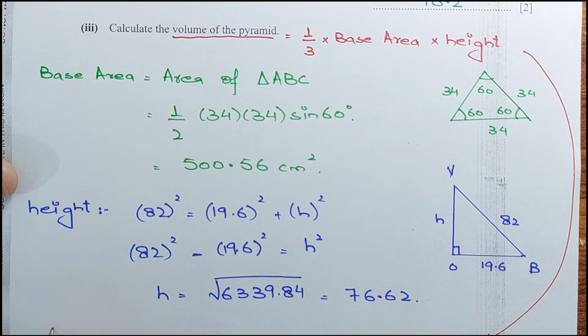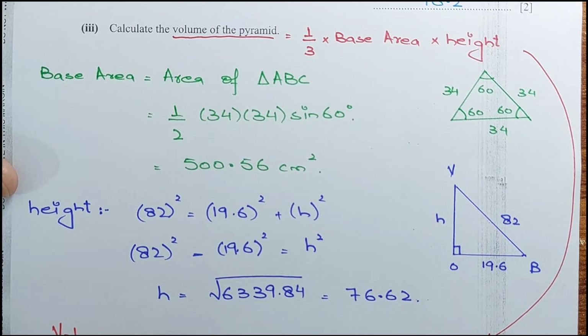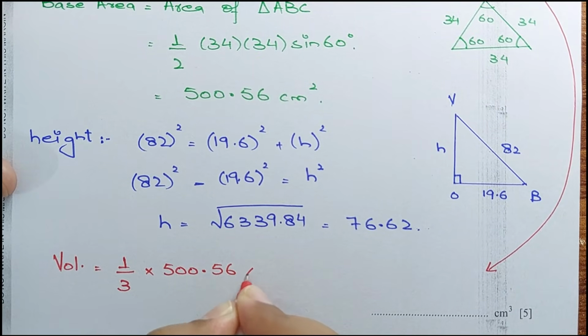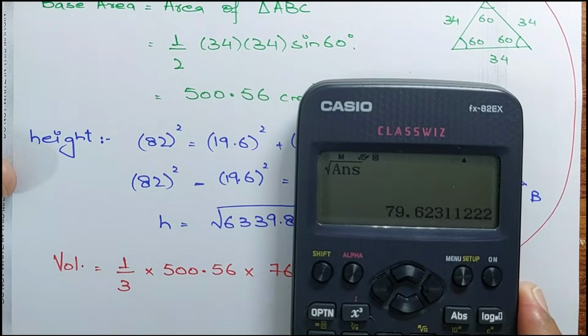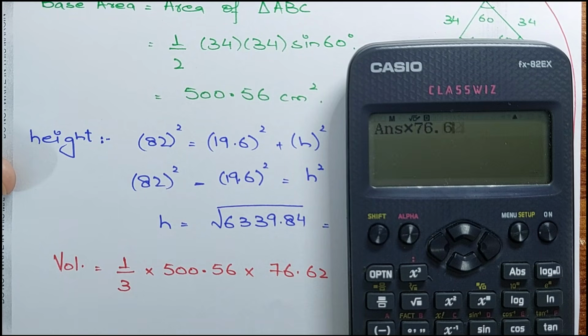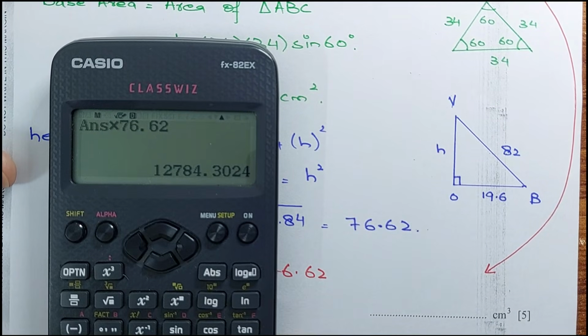All right, so the volume of that pyramid is 1 over 3 into base area, which is 500.56, multiplied by the height 76.62. Okay, now 1 over 3 times 500.56 multiplied by 76.62.